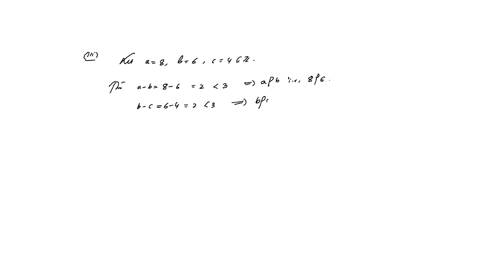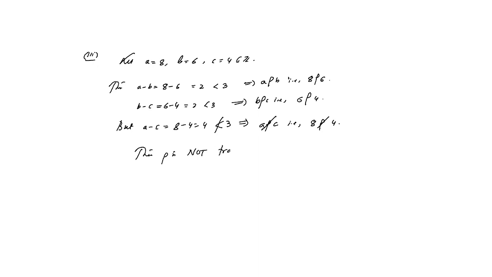So that means B rho C, B is related to C, that means 6 is related to 4. But if you take A minus C, that means 8 minus 4, 4. This is not less than 3. That implies A is not related to C. That means 8 is not related to 4. So thus, rho is not transitive on Z.